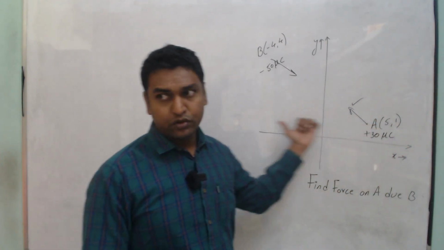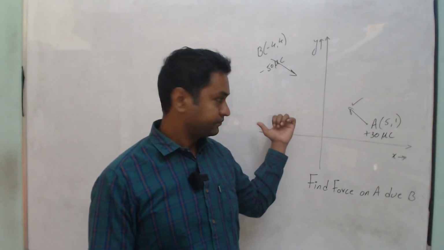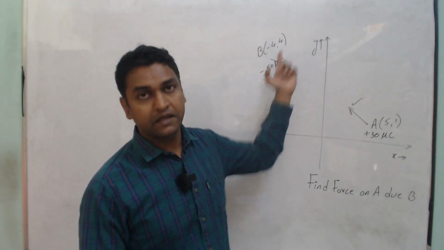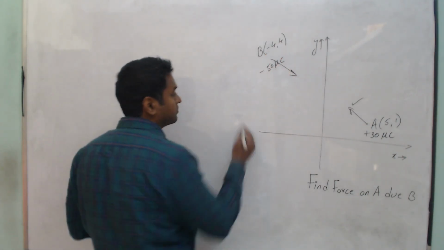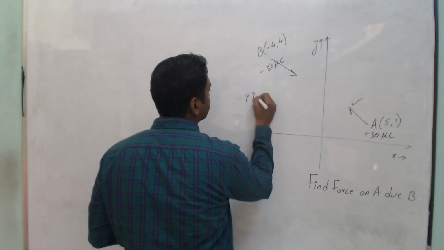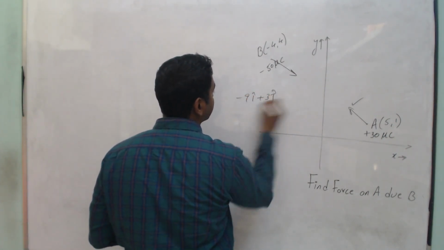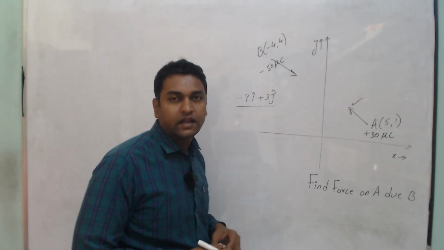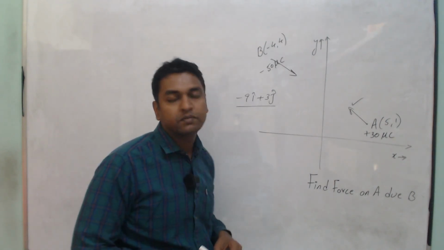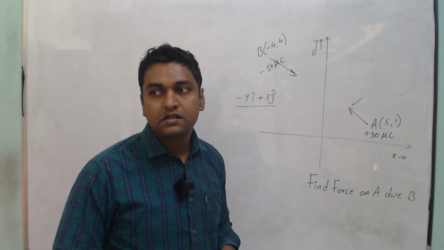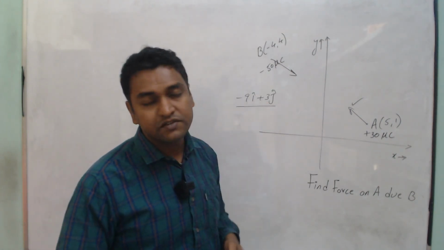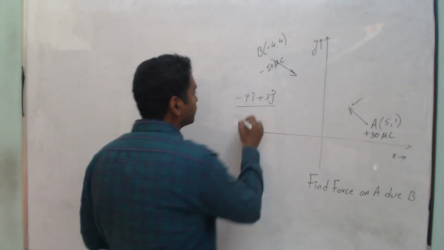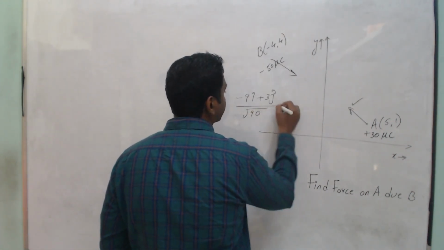That means 9 units I am going left: -9 I cap, and from 1 to 4, 3 j cap. So -9 I cap plus 3 j cap divided by square root of 9 square plus 3 square, which is 81 plus 9, is 90. Root 90. This is the unit vector that we are interested in.